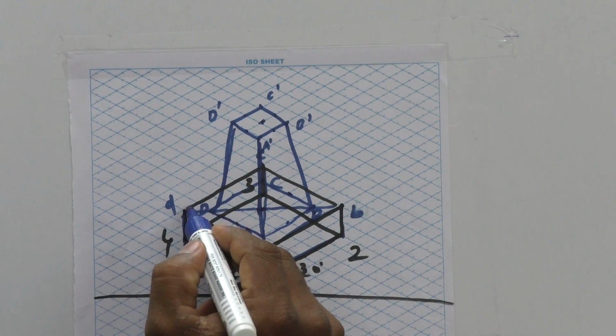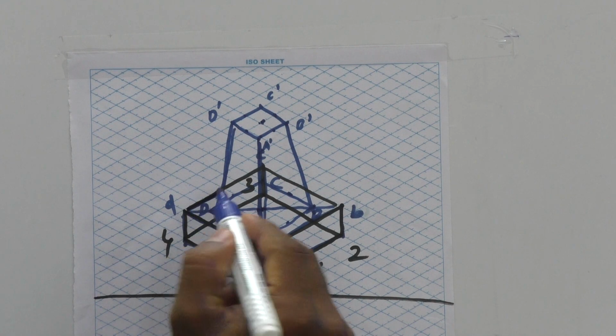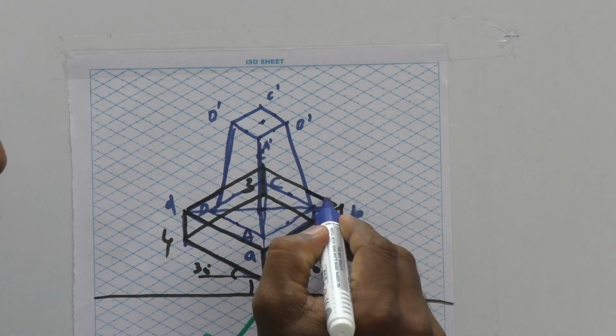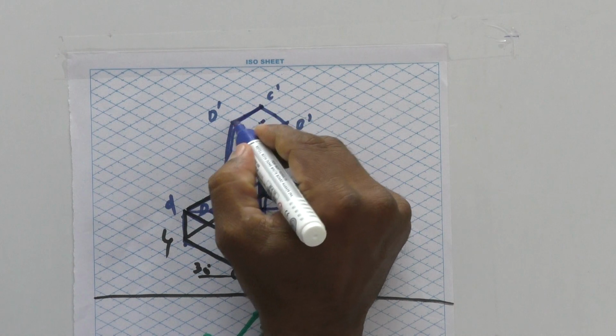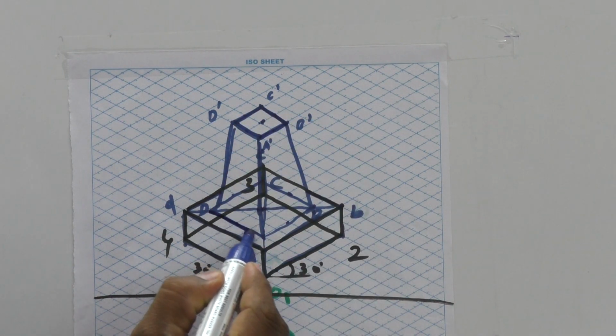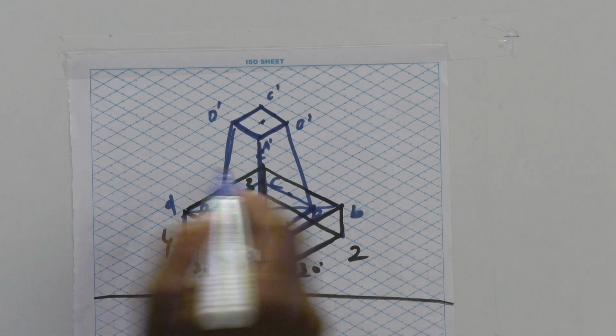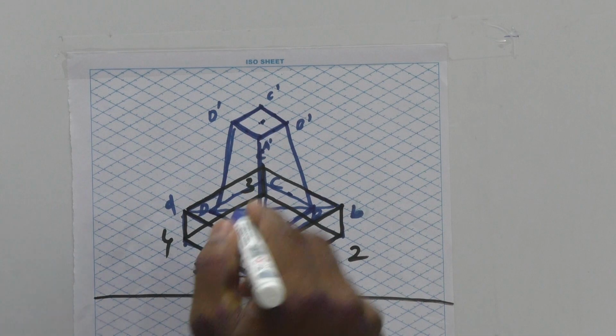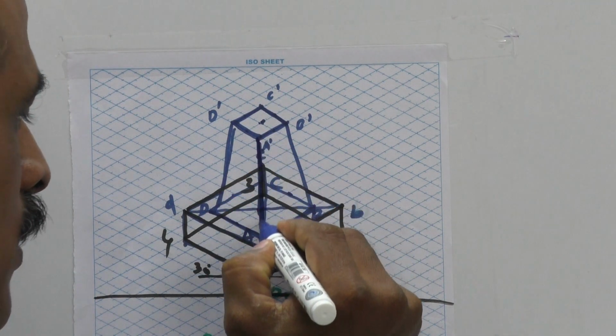Now you darken this line up to this position, because after this there is one more slanted line. Clear? Similarly here also. And here the top face is already darkened. Of the bottom face, only these two lines, 1, 2. The remaining 2 are there but at the back side, so they are invisible. So no need to darken. This is exactly the case.